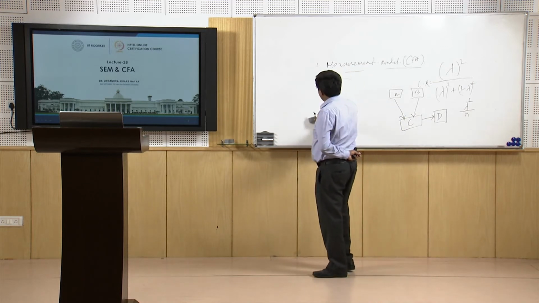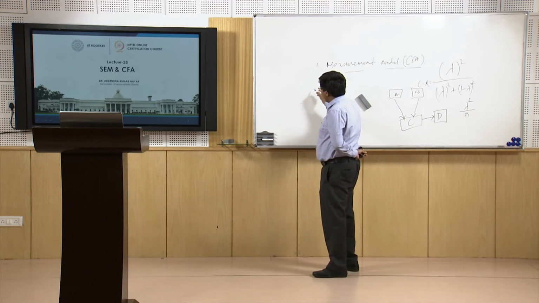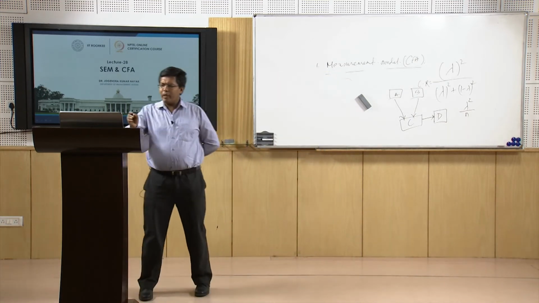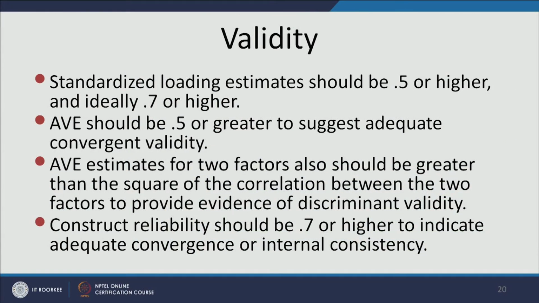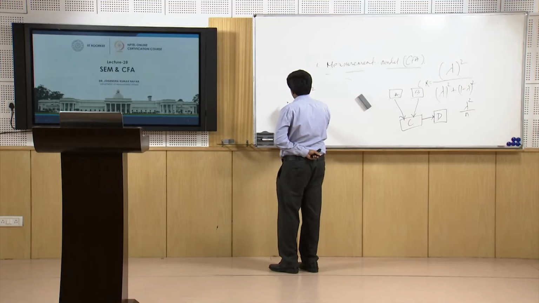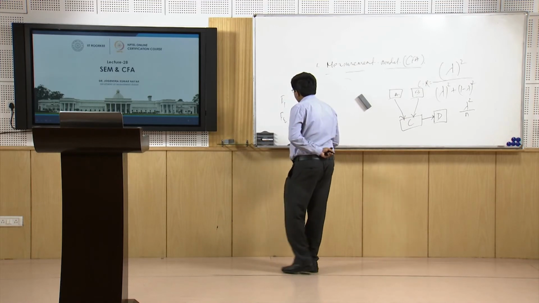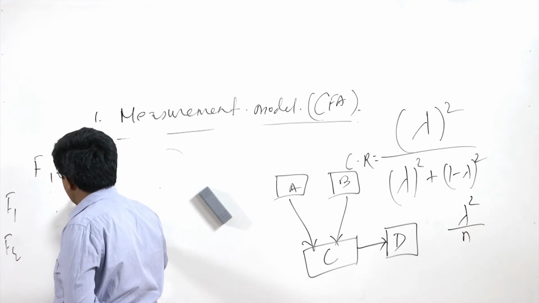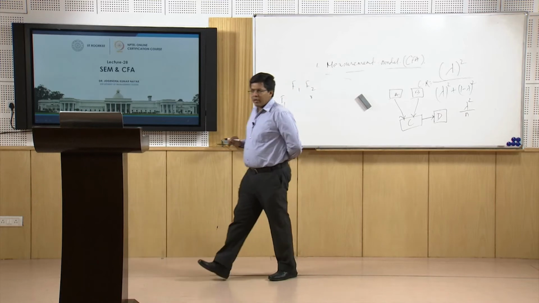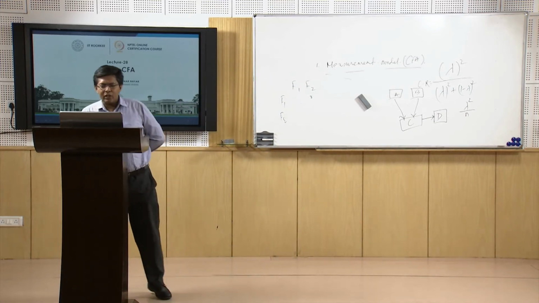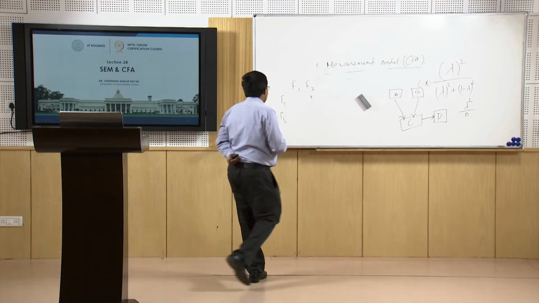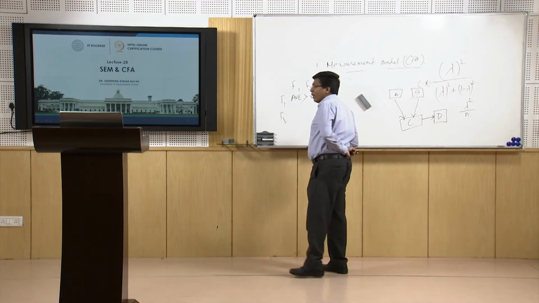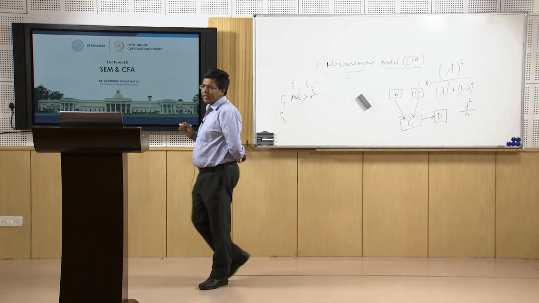When there are two constructs, F1 and F2, and suppose R is the correlation between them, the AVE estimate should be greater than the square of the correlation among them.